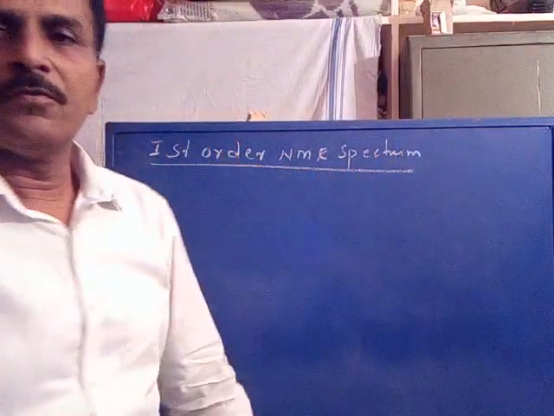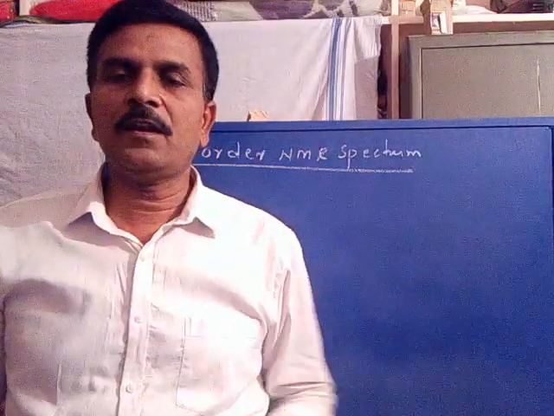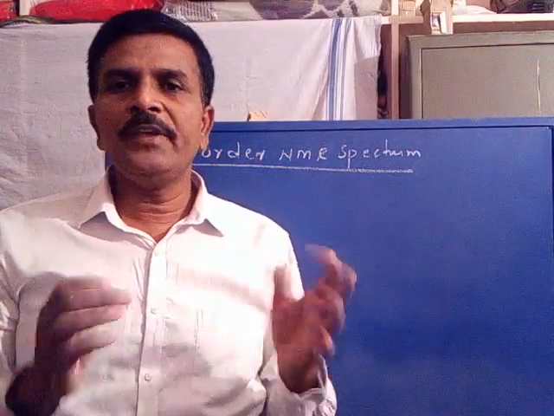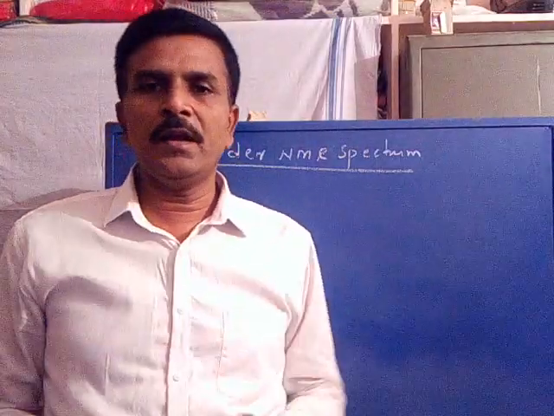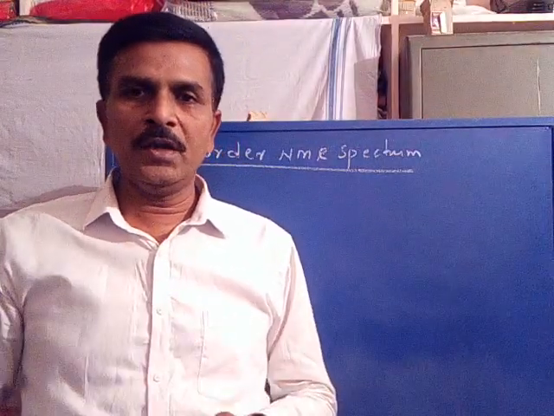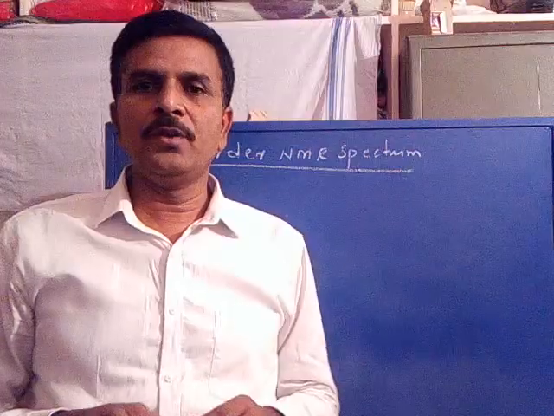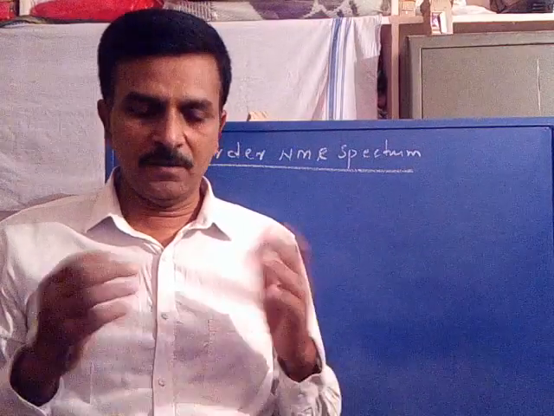Coming to first order NMR spectrum. Now we have to study in detail about first order and second order NMR spectrum. Before going to that, first we should learn about first order NMR spectrum.